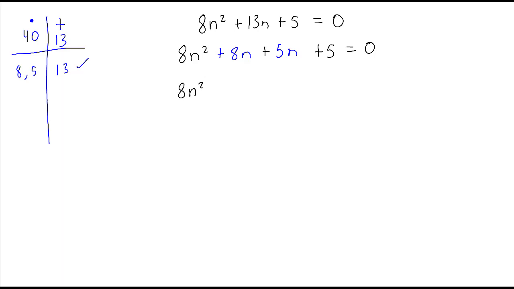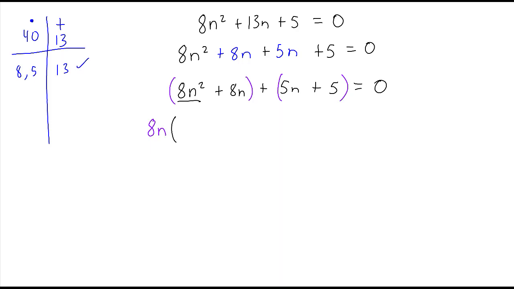I'm just rewriting these four terms here. And I'm going to group together the first two terms and the last two terms, and keep bringing down the equal 0. 8n squared plus 8n. The common factor shouldn't be too hard to spot. It's 8n. They're both divisible by 8, and they both have at least one n.